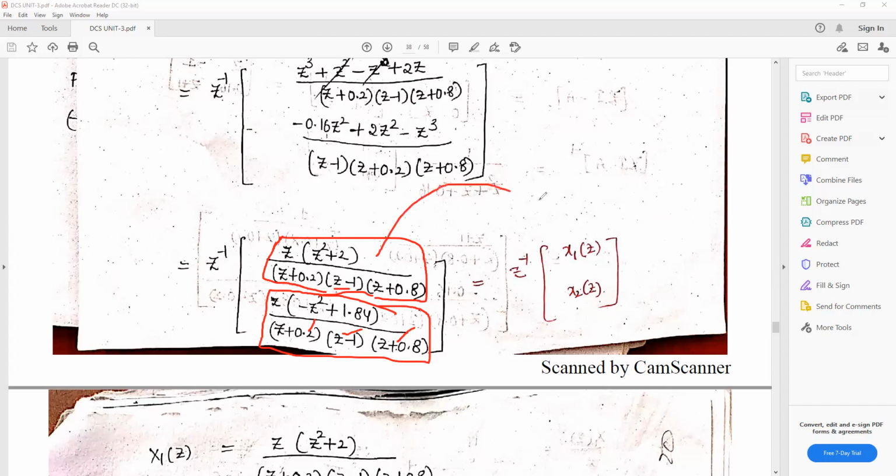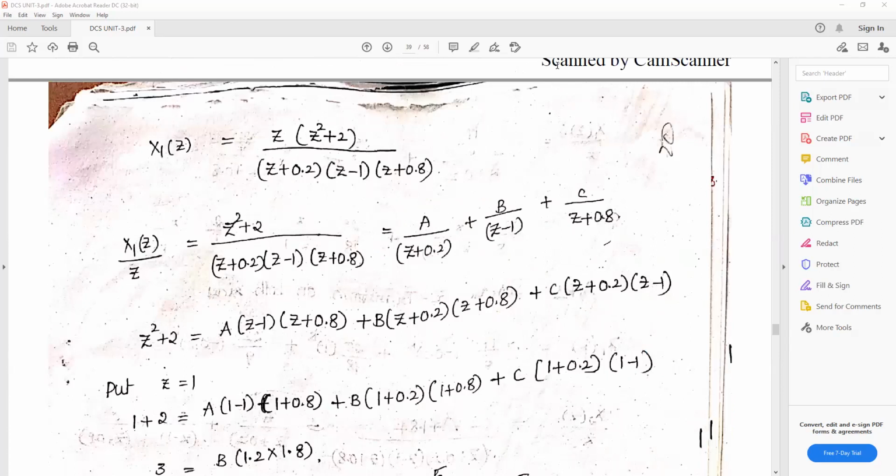So this is x1 of z, this is x2 of z. So calculating the first, x1 of z by z. In this, z is sent to the left side.